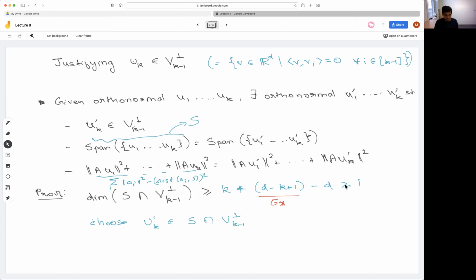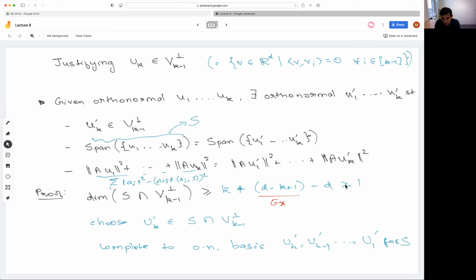So let's choose uk prime, which is in this. Since this is in S, we can complete it to an orthonormal basis. Basically, you can complete it to a basis for the whole space, which is the space S.